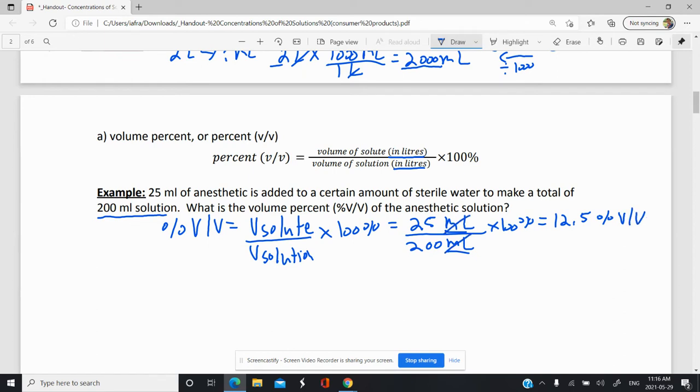Now, don't forget, we do have to have that rounded to the correct number of sig figs. In this question, we only have one sig fig there. That's our smallest number. 25 is 2.